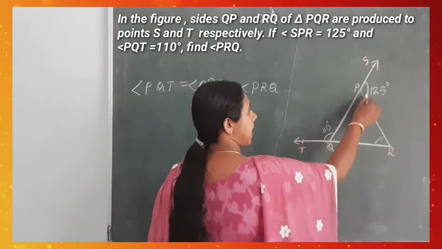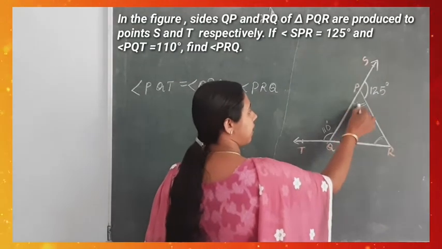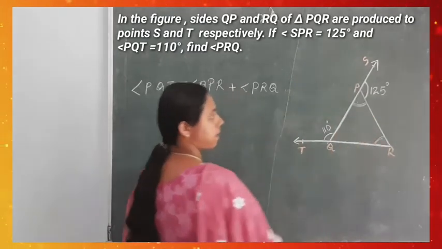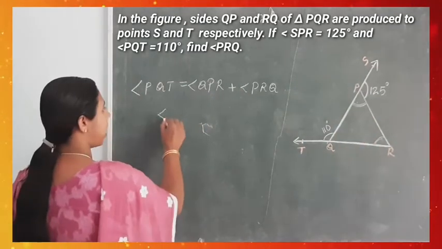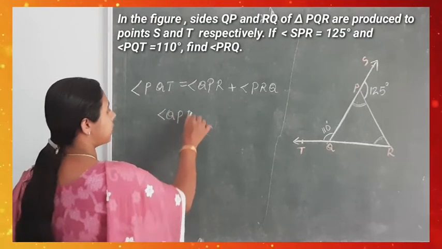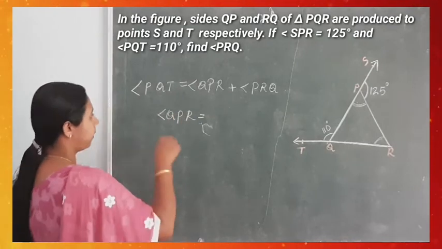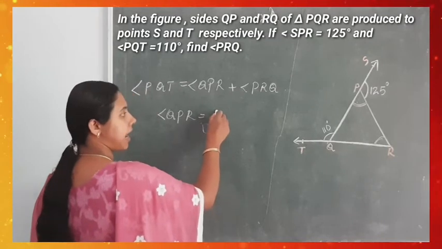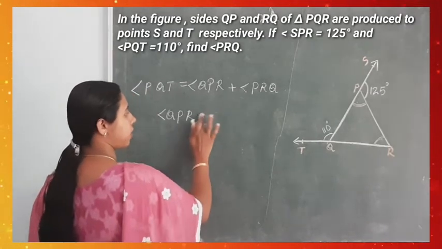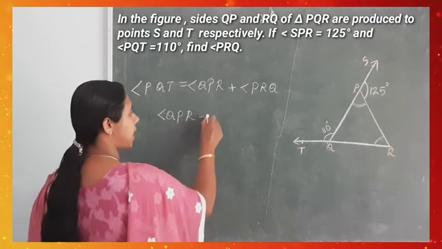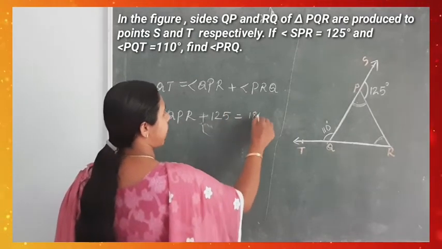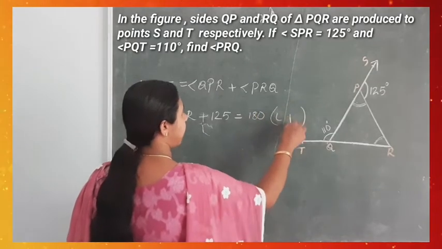These two angles are linear pairs. So first of all we can find angle QPR. Angle QPR plus 125 is equal to 180 degree, as there is a linear pair.